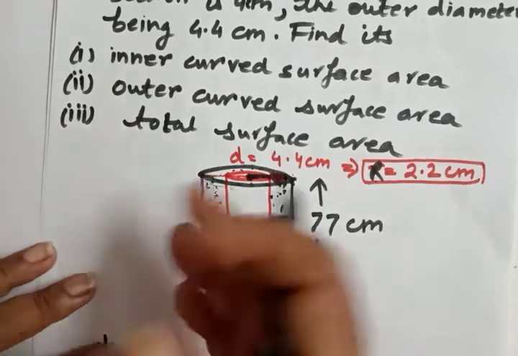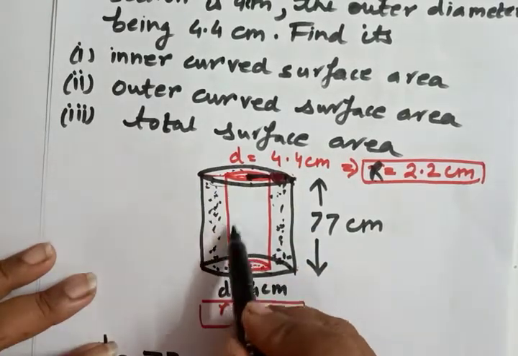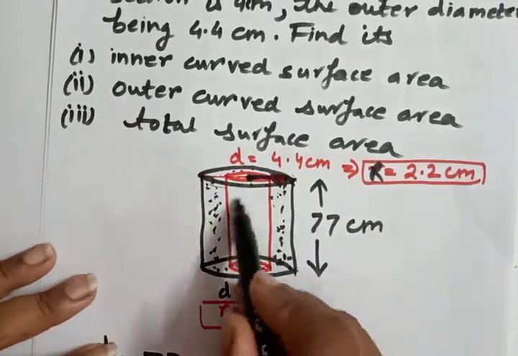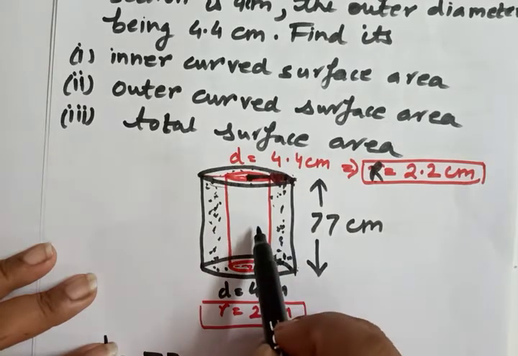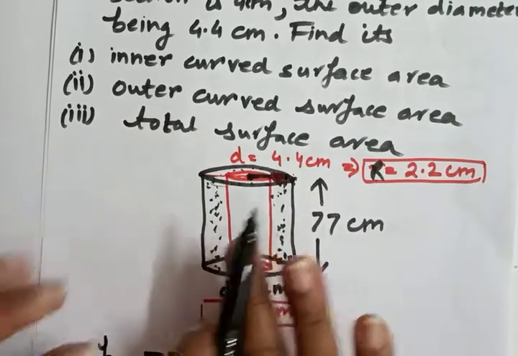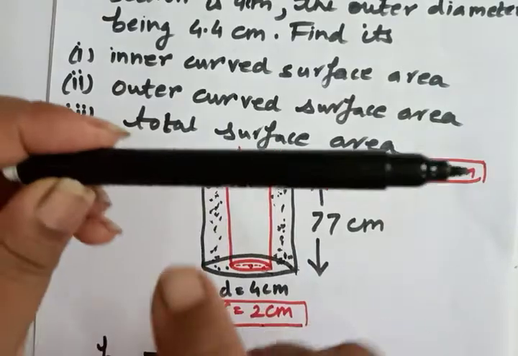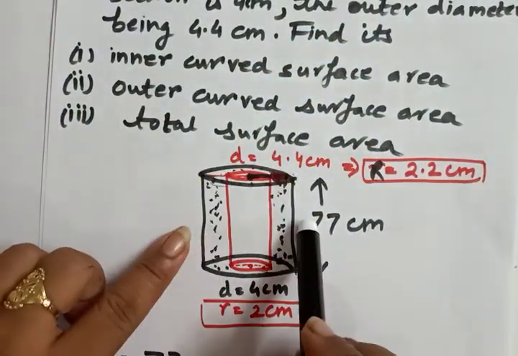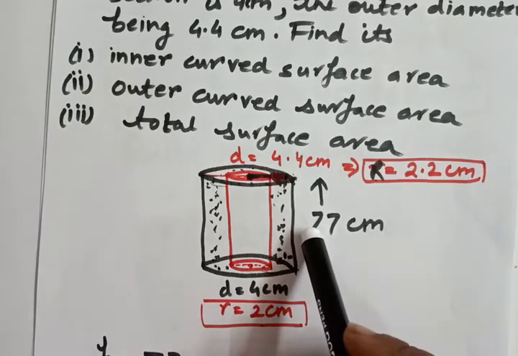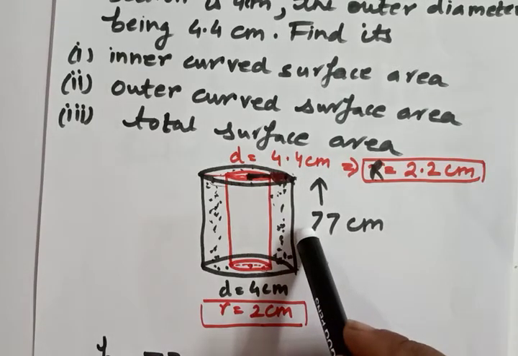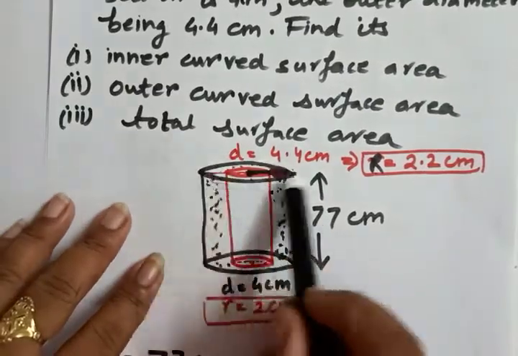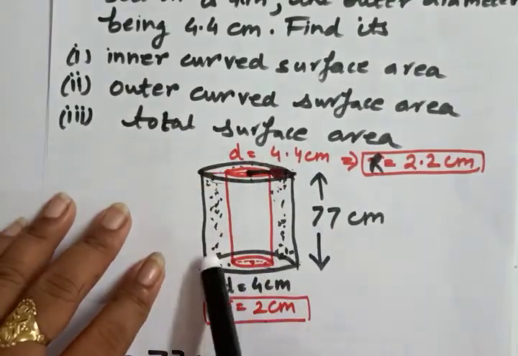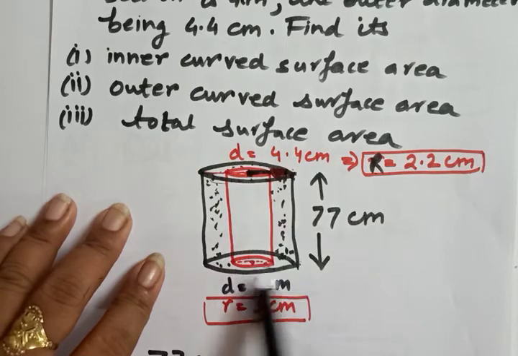First one, this inner surface, that we have already found out. Then the outer one, just like suppose this is a metal pipe, so this is the outer one. We have already found the outer curved surface area, but two surfaces are left. What are these two surfaces? First one, this upper surface, and the below surface, the bottom one.